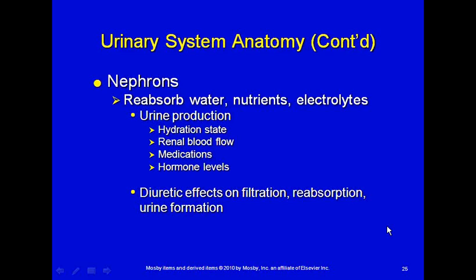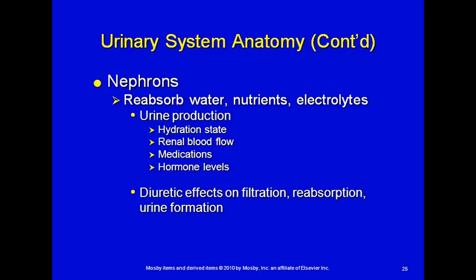As I mentioned, the nephrons reabsorb water, nutrients, and electrolytes. The amount of urine you produce, of course, is dependent upon your hydration state. The amount of blood flowing to the kidneys also has a great effect on how much urine you produce.